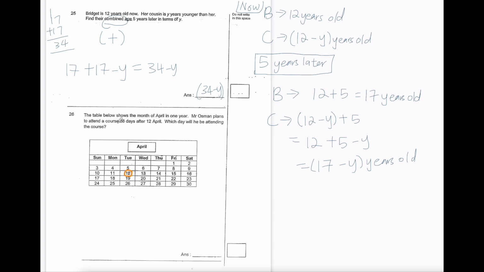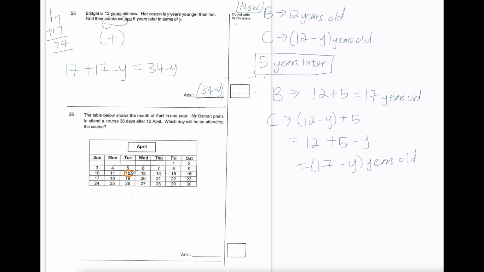So 38 days. One thing you can do is just to manually count 38 days instead of trying to find a method out, because in exams, I don't think you have that much time. I'd rather you spend the time to check your answers.